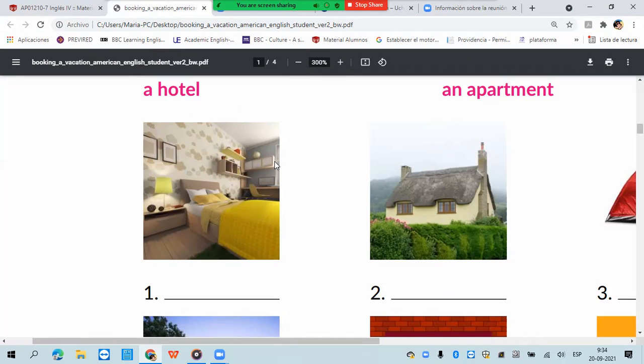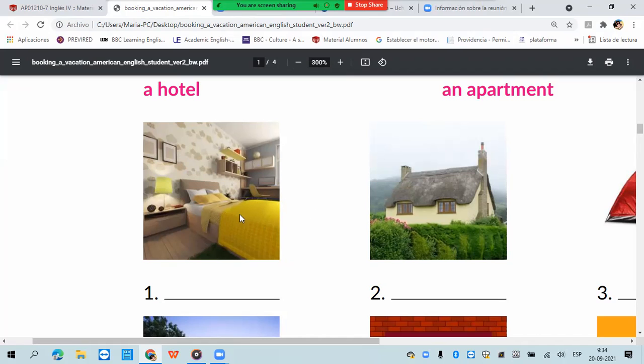But when I finished, how can I say that? I finished, but when I finished, I realized that it's not a hotel. So in the end, as you discarded, it had to be an apartment.